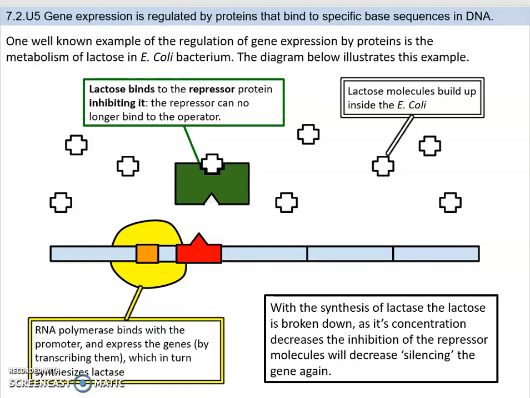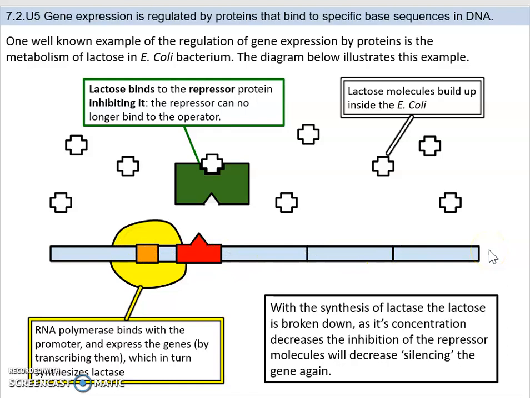So what will happen is, in the presence of lactose sugar, the lactose sugar binds to this particular protein, and this protein now changes its shape and as such cannot bind as it did to this repressor protein here, which means that transcription can take place.